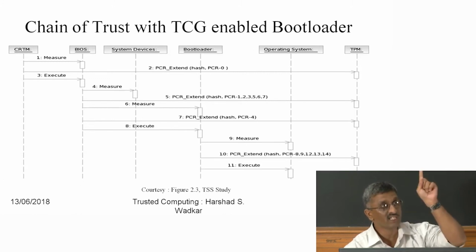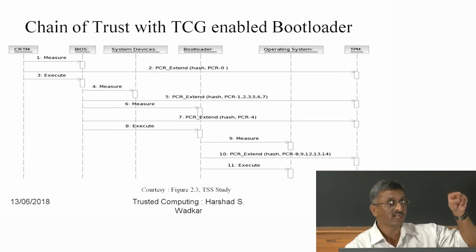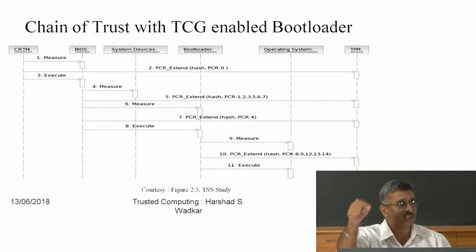The first one is init, then PCR extend. Which PCR am I trying to extend now? PCR 0. The CRTM and BIOS hashes are getting stored in PCR 0. Once the PCR extension is done for PCR 0, the execution happens. It means now it loads the BIOS in the system.